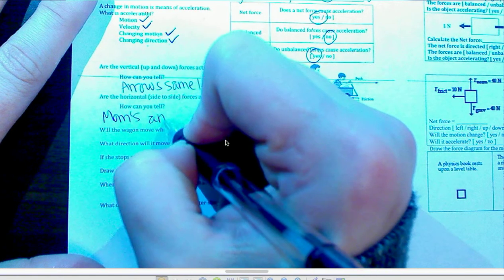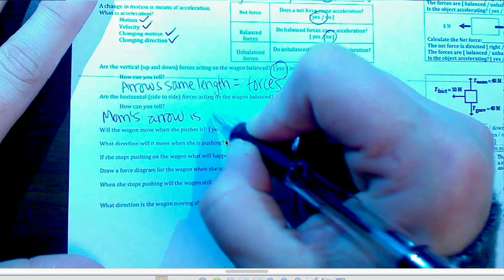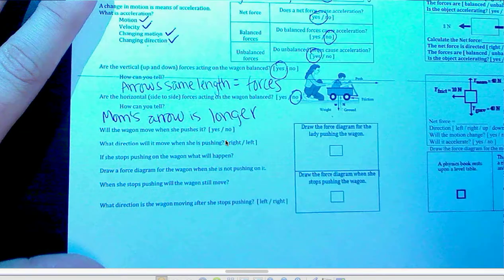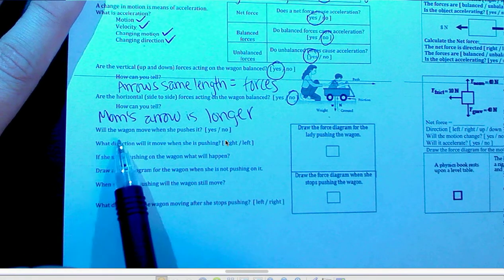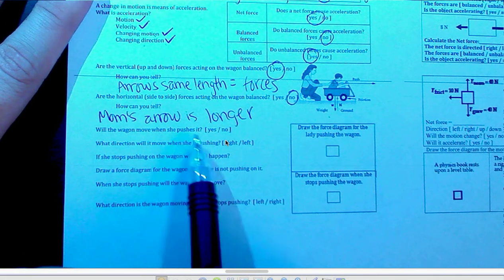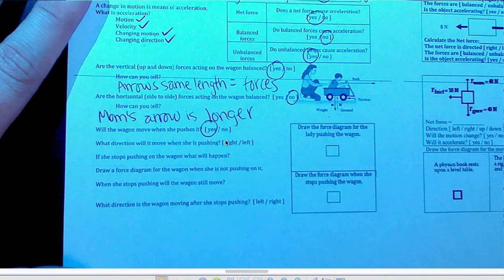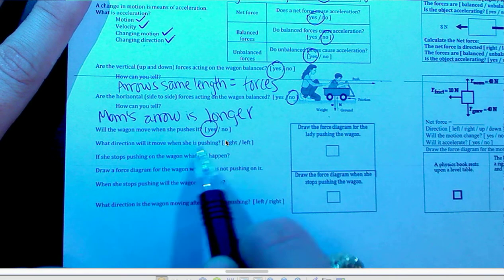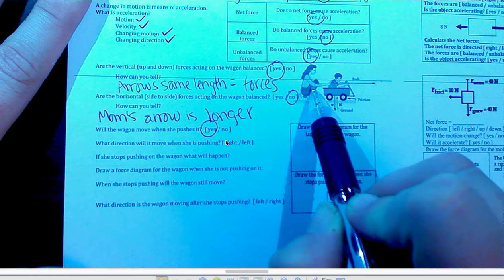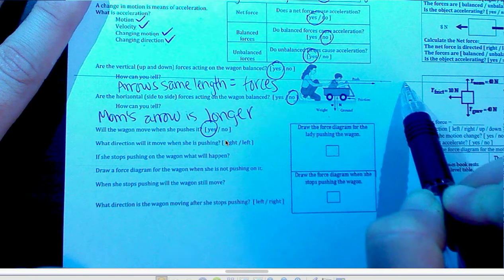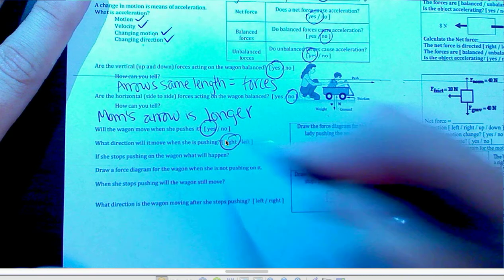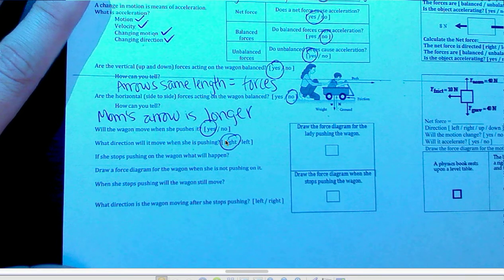So they are not balanced, and the mom's arrow is longer. So they're unbalanced. It says, will the wagon move when she pushes it? Yes, because she has more force. What direction will it move in? She is pushing to the right, so it's going to go to the right.